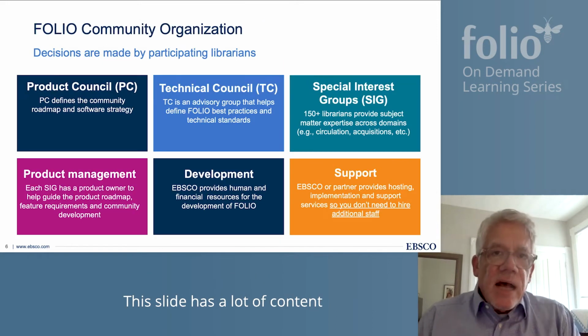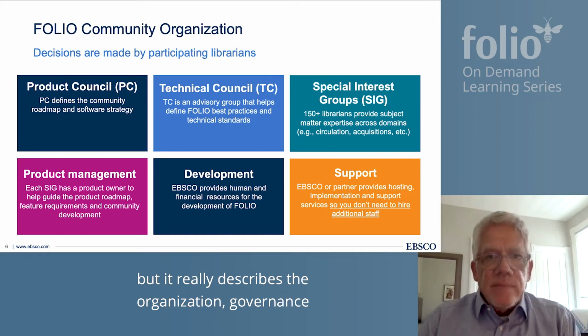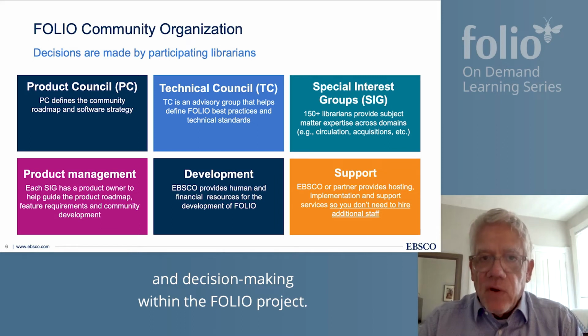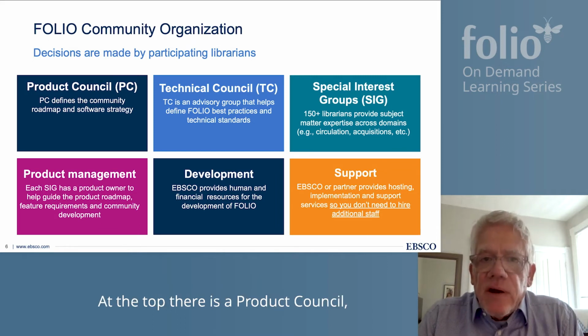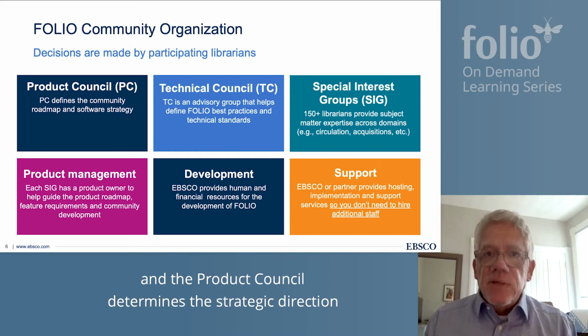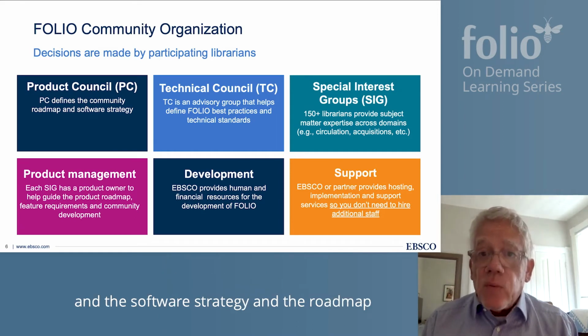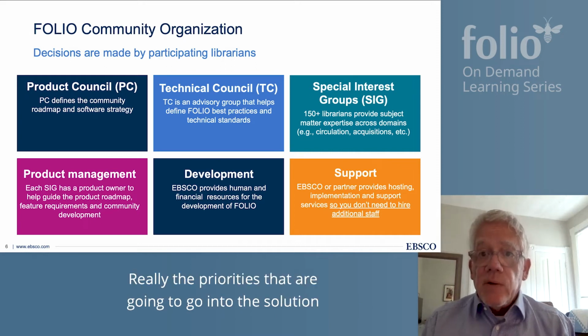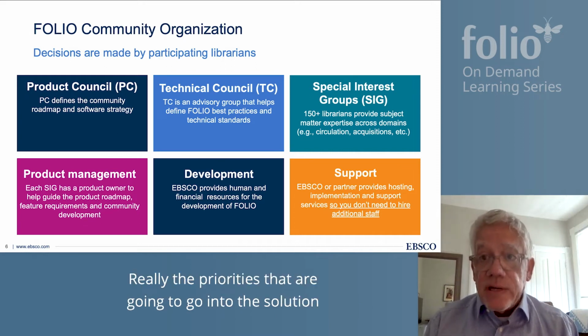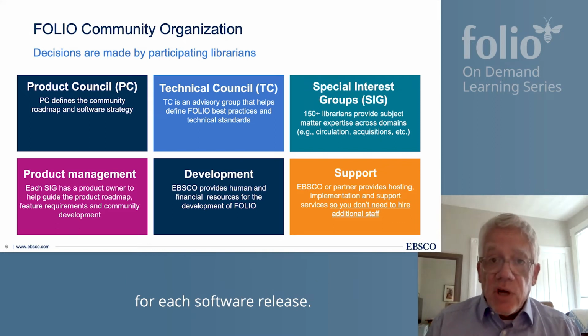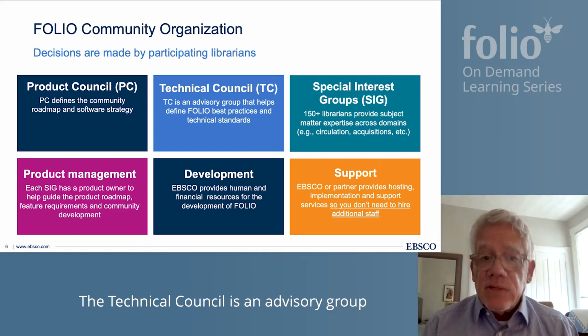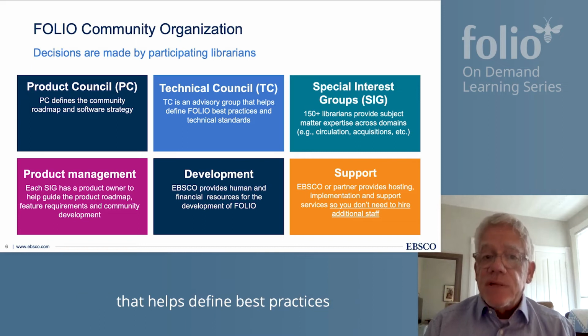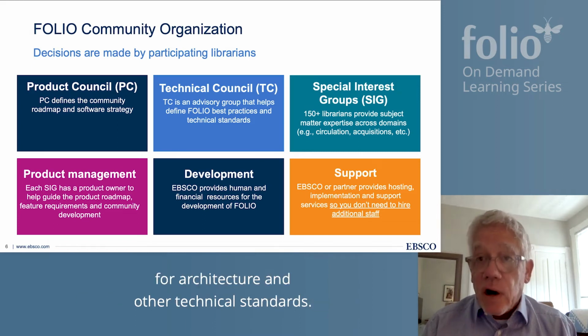This slide has a lot of content, but it really describes the organization, governance, and decision-making within the FOLIO project. At the top, there is a product council, and the product council determines the strategic direction and the software strategy and the roadmap for the FOLIO software, really the priorities that are going to go into the solution for each software release. The technical council is an advisory group that helps define best practices for architecture and other technical standards.